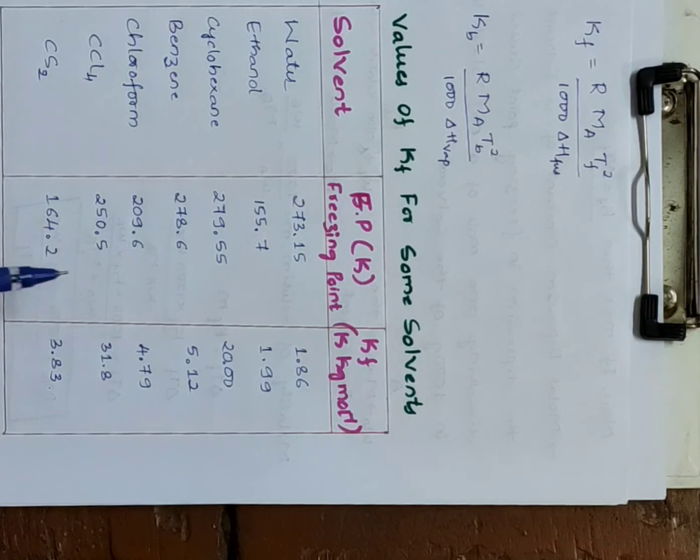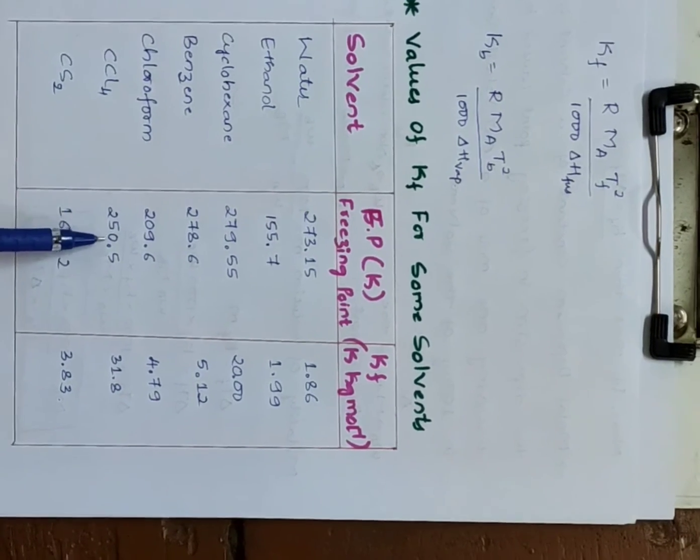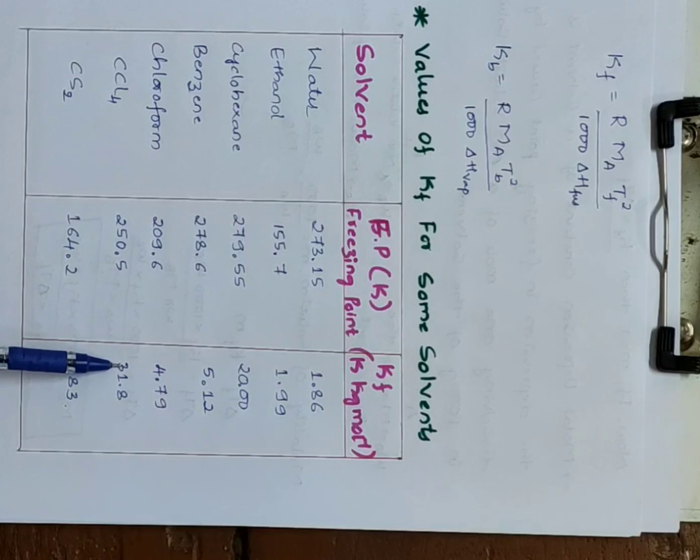Chloroform freezes at 209.6. Its KF value is 4.79. Carbon tetrachloride freezes at 250.5 and its KF value is 31.8. Carbon disulfide freezes at 164.2. Its KF value is 3.83. Thank you.